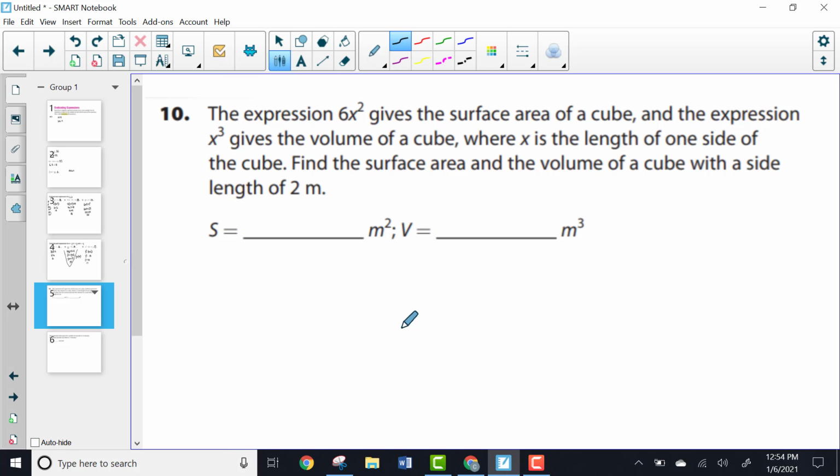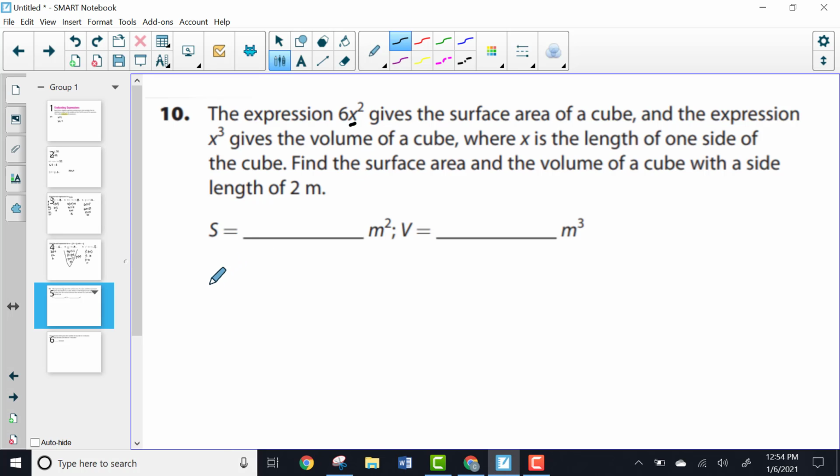It says the expression 6 times x to the power 2 gives the surface area of a cube, and the expression x to the power 3 gives the volume of a cube, where x is the length of one side of the cube. Find the surface area and the volume of a cube with a side length of 2 meters. So remember the x gives us the length.